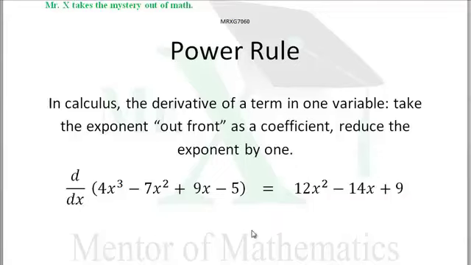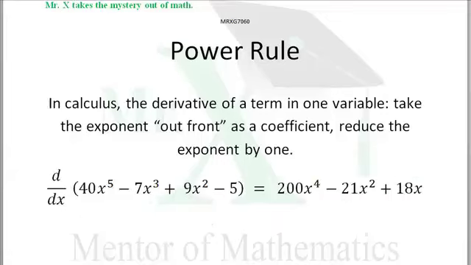Now you might see some relationships between the two. That's the idea. As soon as you see those relationships, you understand the power rule. So I'm going to give you a couple of more examples and then the power rule.